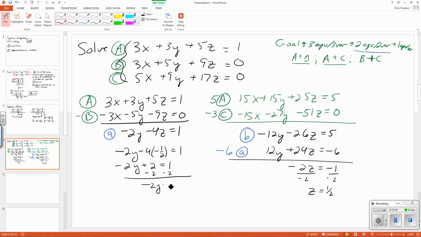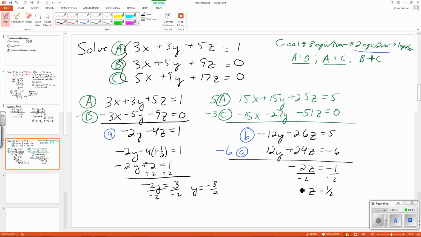So negative 2y equals, that's strange. Hold on. Oh, no, sorry, this is a positive half. I knew something wasn't looking right. So this should be negative 2. Negative 2, negative 2. So y equals negative 3/2.